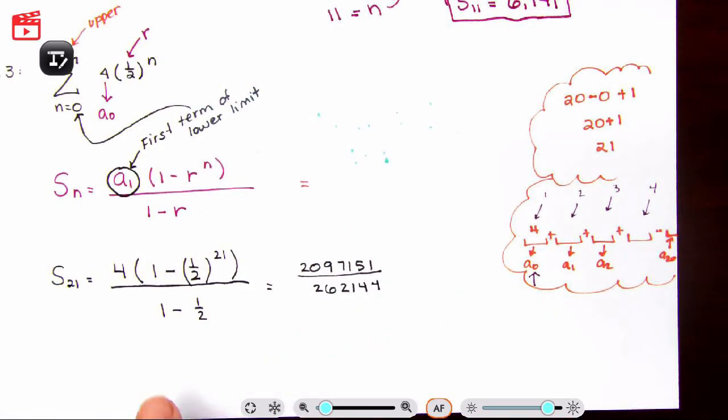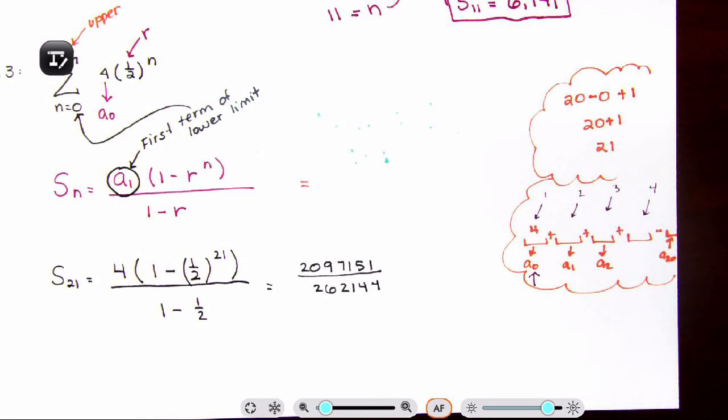All right. Let's go ahead and triple check this. Calculators sometimes do make mistakes. So 1/2 being raised to the 21st power, I'm going to subtract 1 minus that fraction, then multiply by 4, then divide by 1/2.